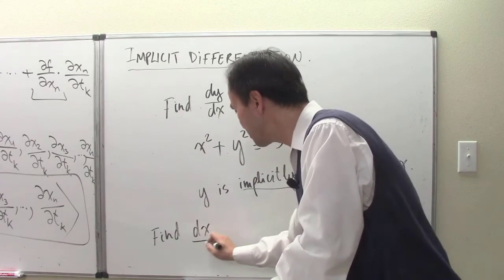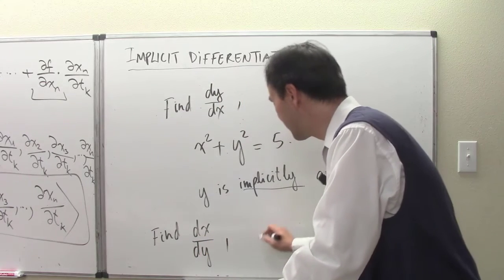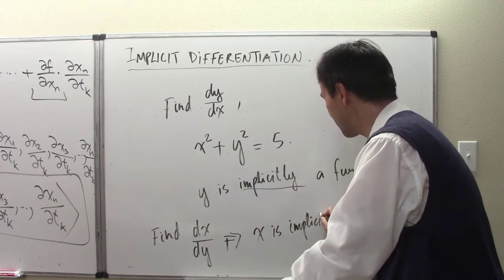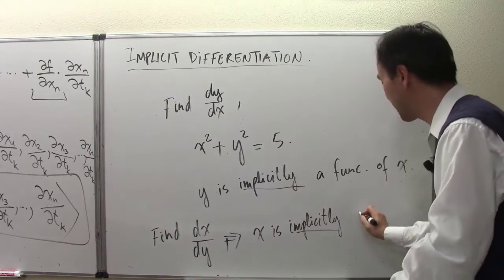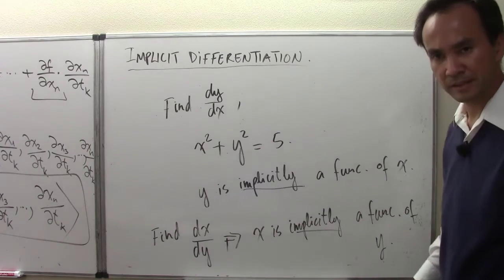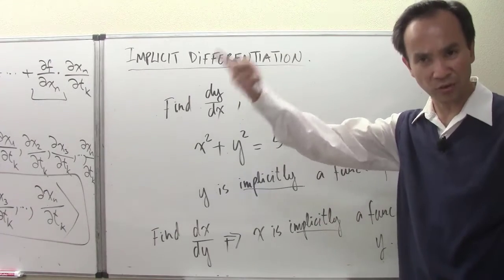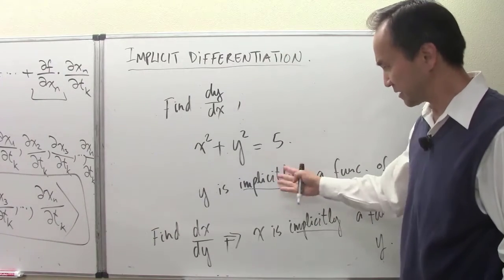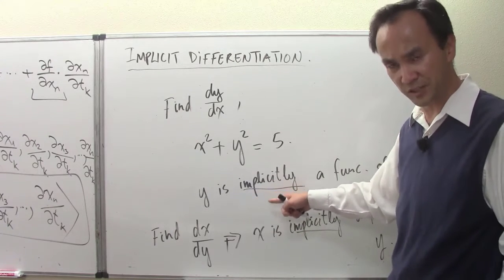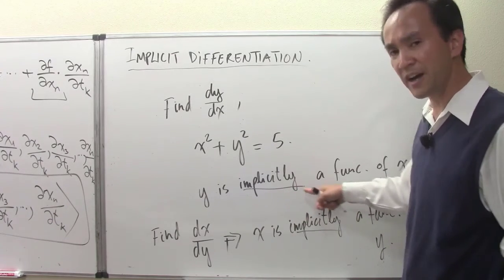We can also be asked to find dx/dy, where this means x is implicitly a function of the variable y. And the term implicit, I gave a very detailed talk about in my video lessons when I was teaching Calc 1. So anyone arriving here, even if you didn't take Calc 1 with me, your professor back then should have explained clearly what implicitly defining a function means.